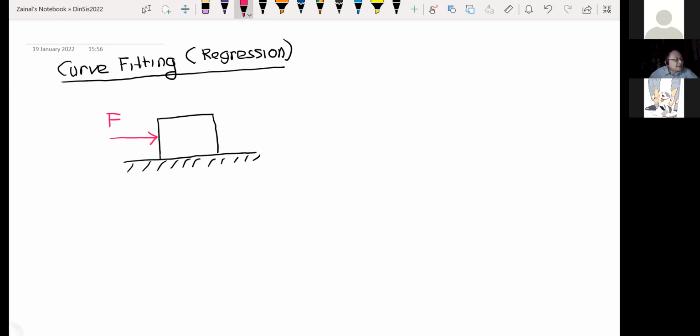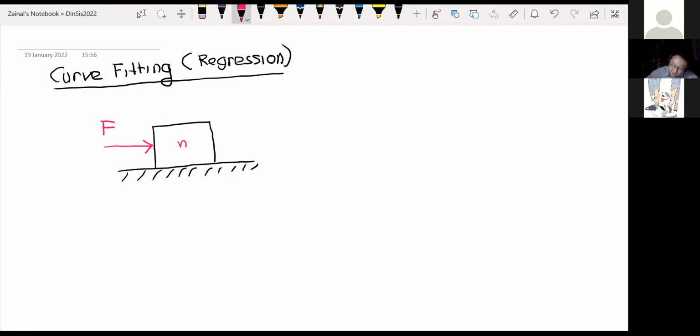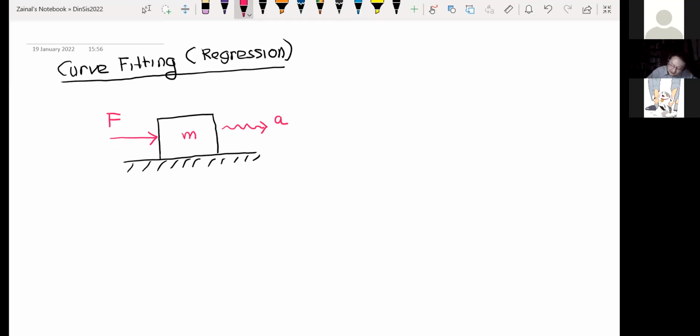The mass is M and due to force, then we have acceleration E. Okay, we have friction F, which we don't know.